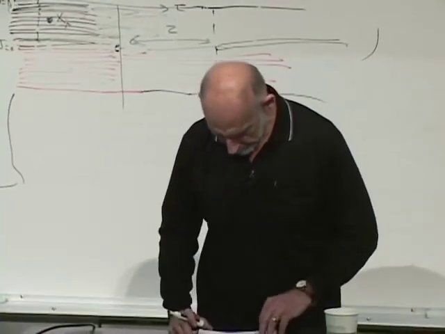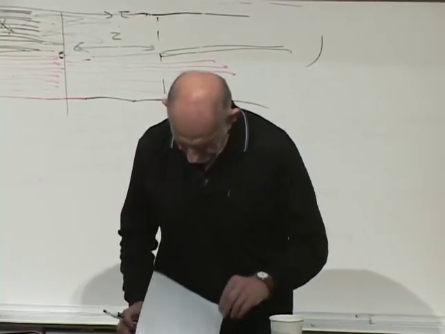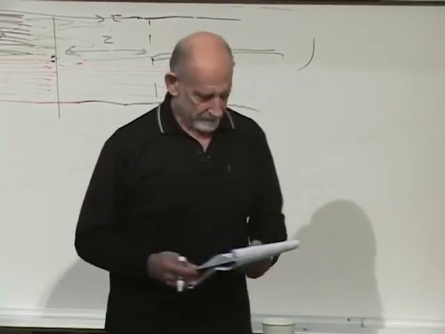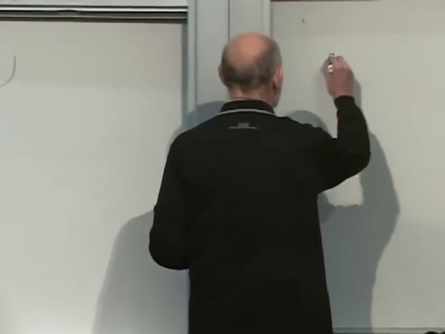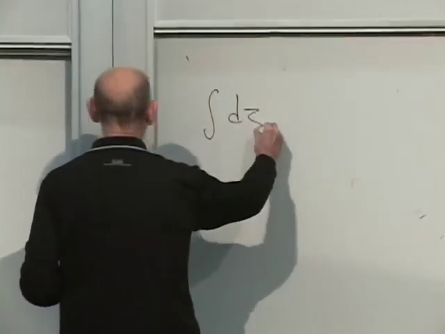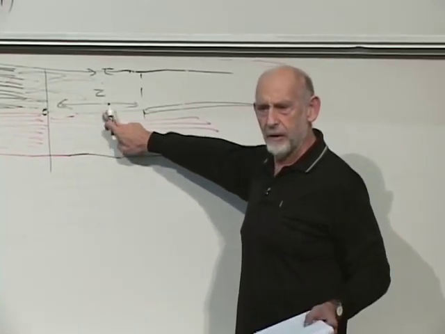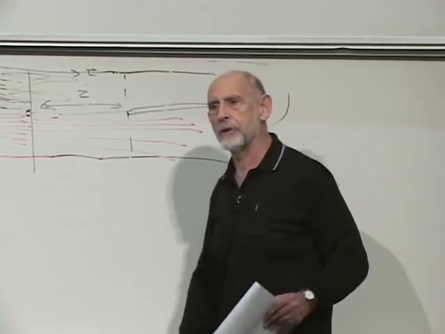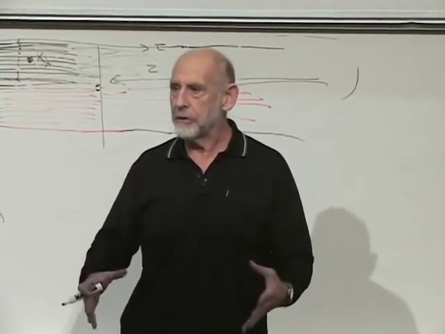I'm going to write down the answer for you. Don't try to remember. This is the answer. It's an integral over tau. Why do we integrate over tau, incidentally? Why do we add up the amplitudes for all possible times that this composite could exist?